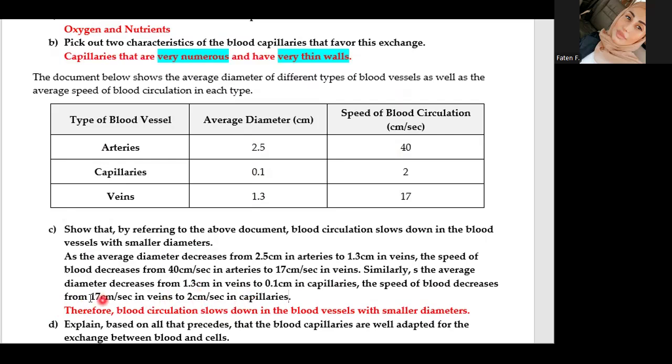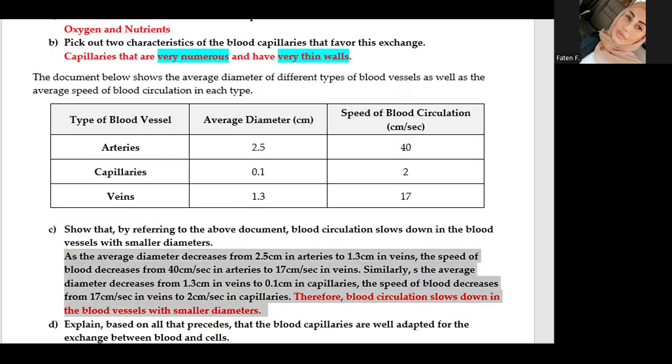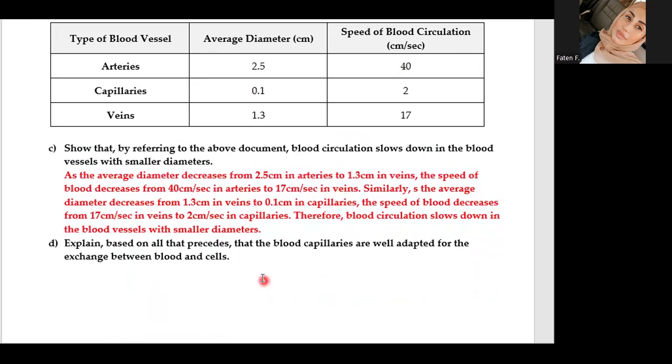We did the justification here based on the table, so we finish our answer with: therefore, the blood circulation is slower whenever the diameter is smaller.